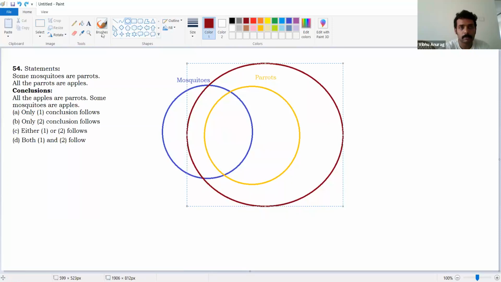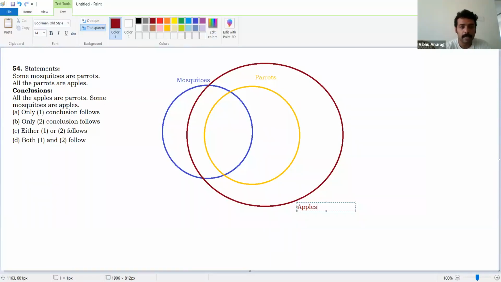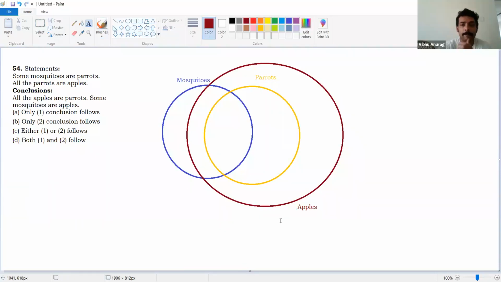So all apples are parrots. We can't say that; if they share the same circle, then yes, but we can't really say. Some mosquitoes are apples. Some mosquitoes are apples for sure. There is a definite overlap. So only the second conclusion. 54th answer should be B.